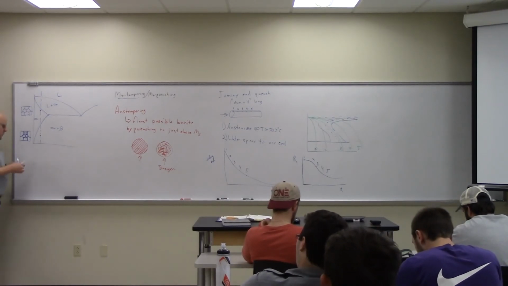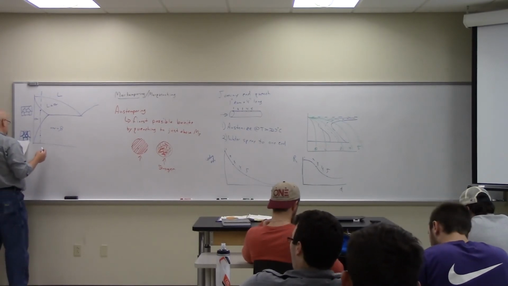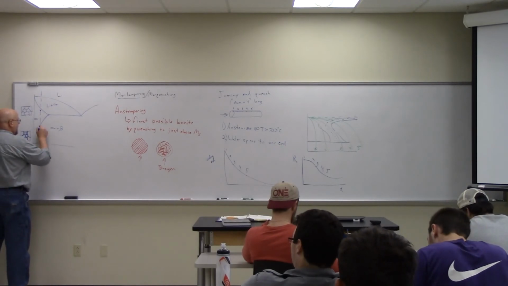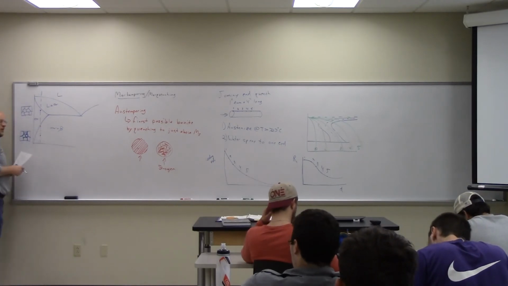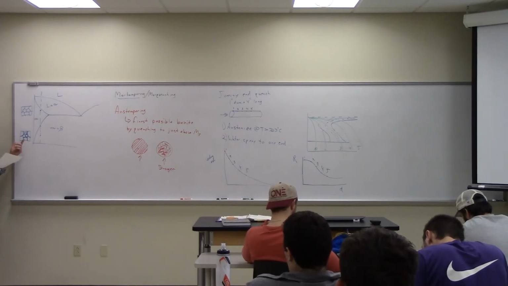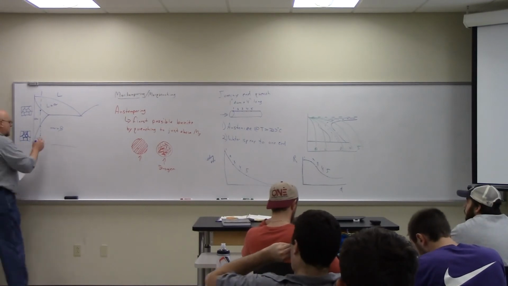So what I'm going to do is I'm going to bring this back up to a temperature just below where the alpha forms, or where it all dissolves back into alpha. Right?